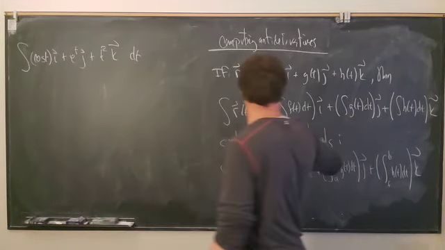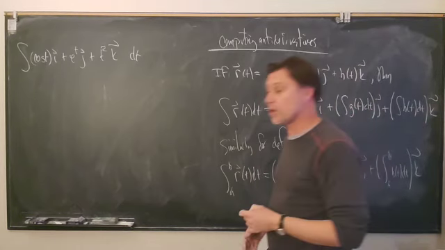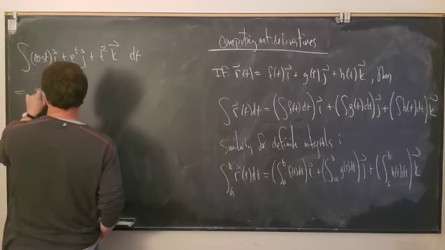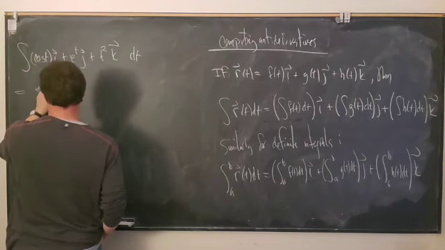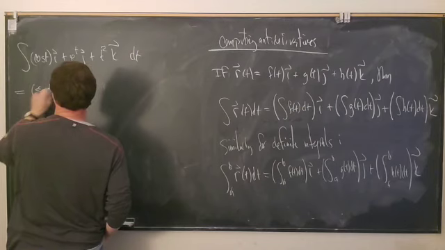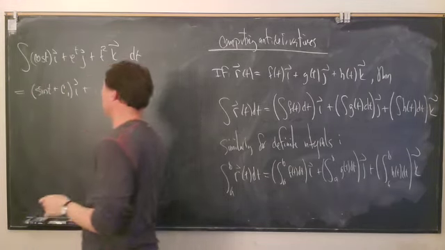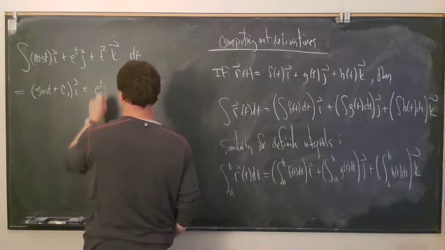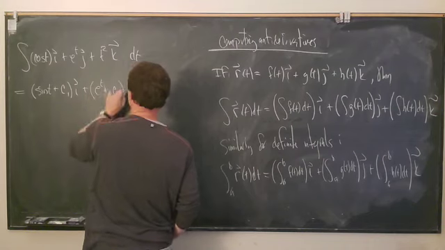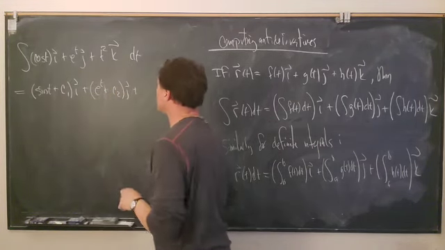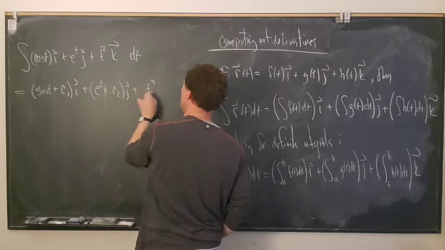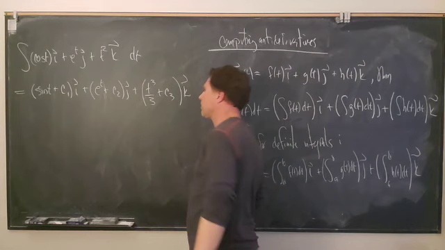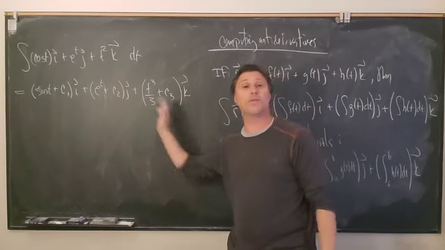So look at what our formula tells us to do. Compute the antiderivatives of each of those pieces individually. So that's going to be sine of t plus little c1 times i plus e to the t plus c2 times j plus t cubed over 3 plus c3 times k. Now, if a problem just asks for an antiderivative, you can leave it just like this.